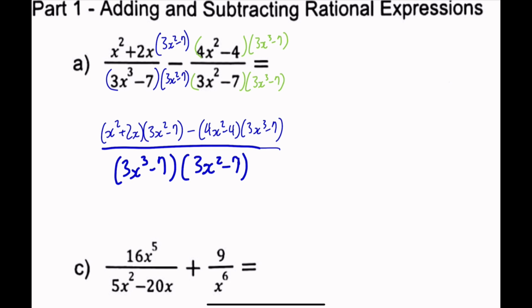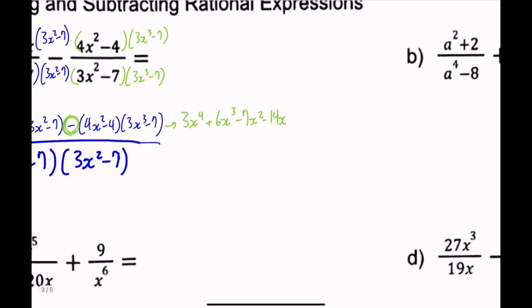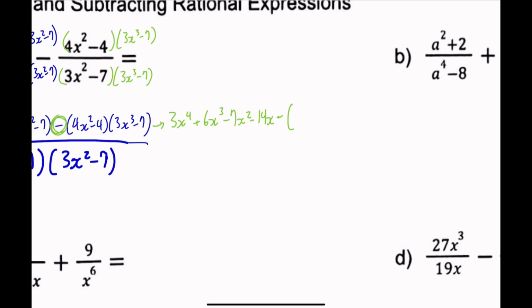Right now we're just looking at the numerator. This is going to become 3x to the 4th power, plus 6x cubed, and then minus 7x squared, and then minus 14x, and then minus 12x to the 5th power.